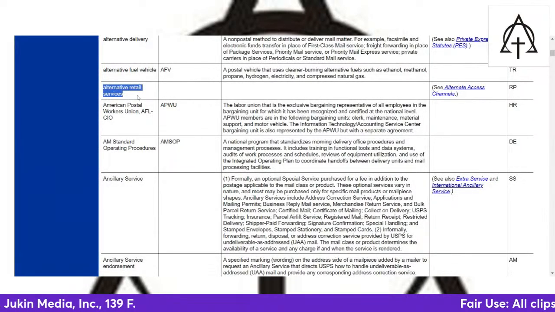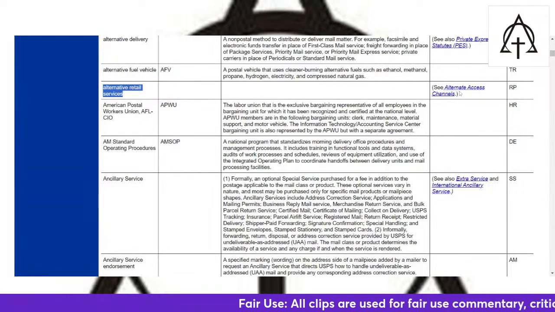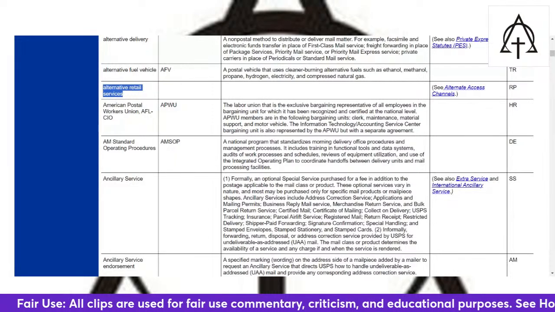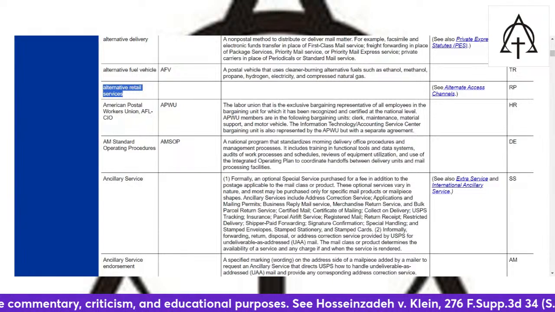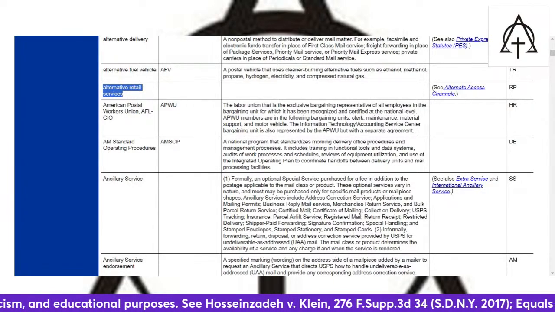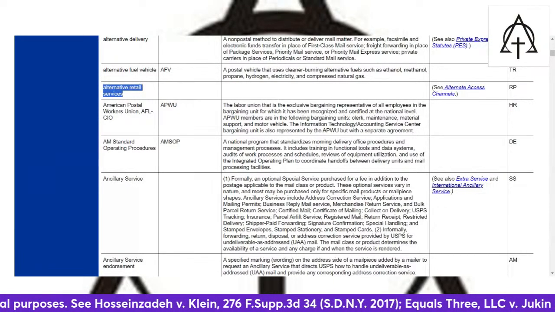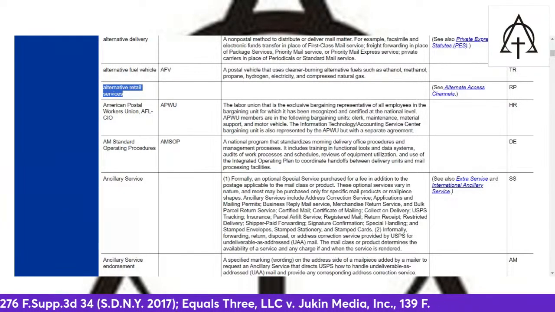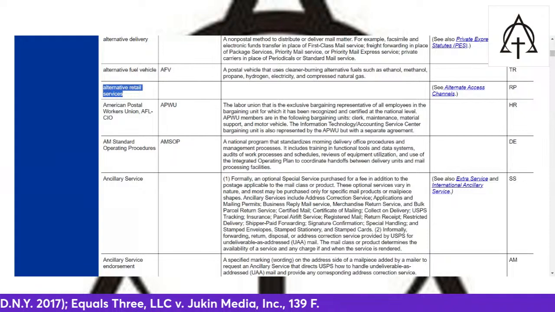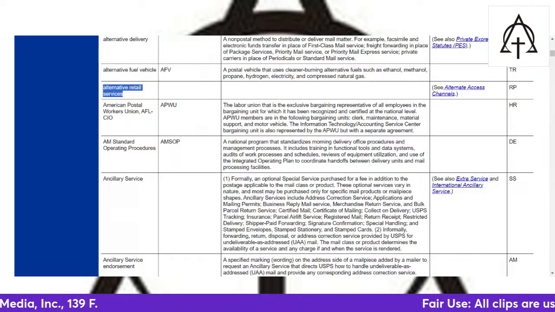Alternative retail services. See, alternate access channels. Now remember our discussion in 7 U.S.C. the other night as it relates to credit and all of that, an access device as it relates to credit cards. Cards, plates, coupon books, or any device used to obtain money, property, labor, or services on credit.